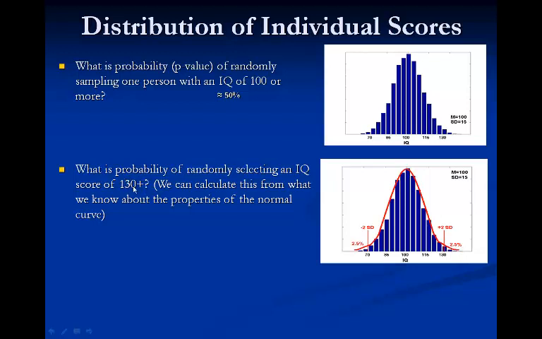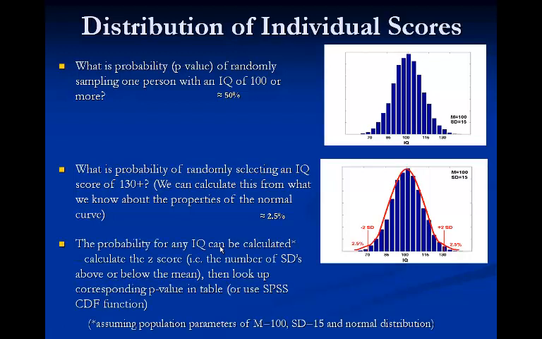So with 130, carefully chosen because it's actually 2 standard deviations above the mean, we know that if we randomly sample from a normal distribution of IQ scores with standard properties, 2.5% of the sample should have IQ scores above 130. So our probability is 0.025 or 2.5%.